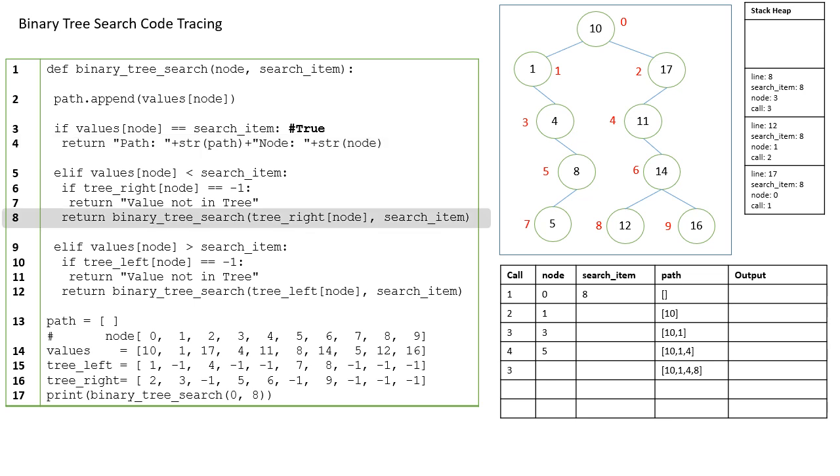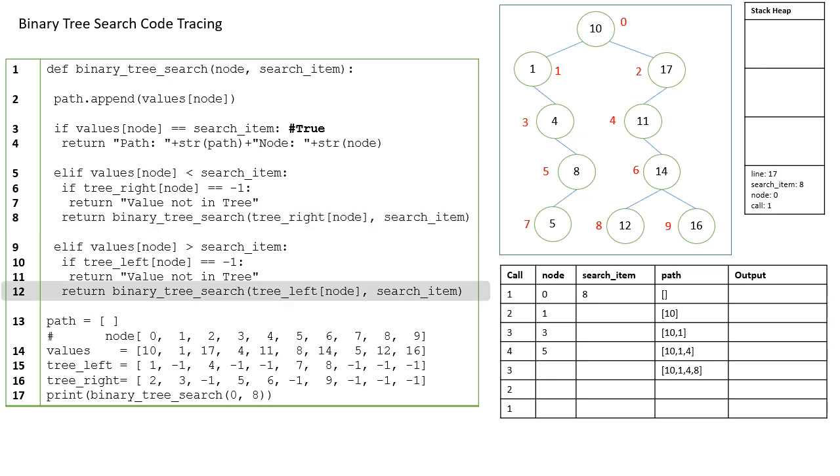At this point, all we're doing again is returning from binary tree search. So we've completed everything within call 3 except for just passing back up to call 2. And at call 2, we then pass back to our call 1.